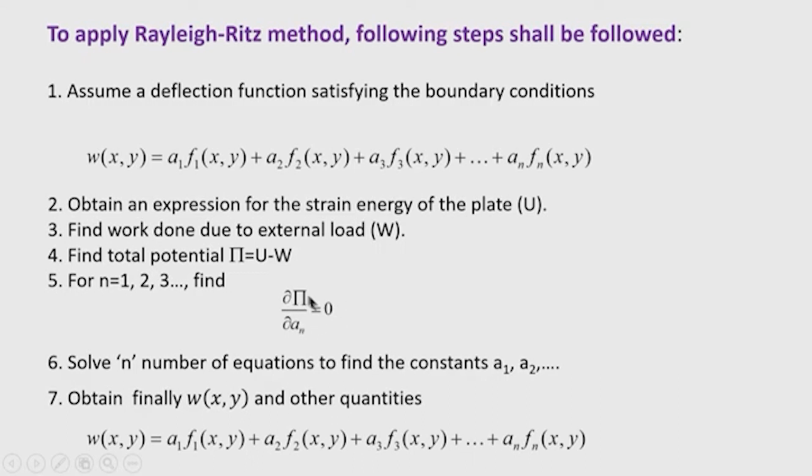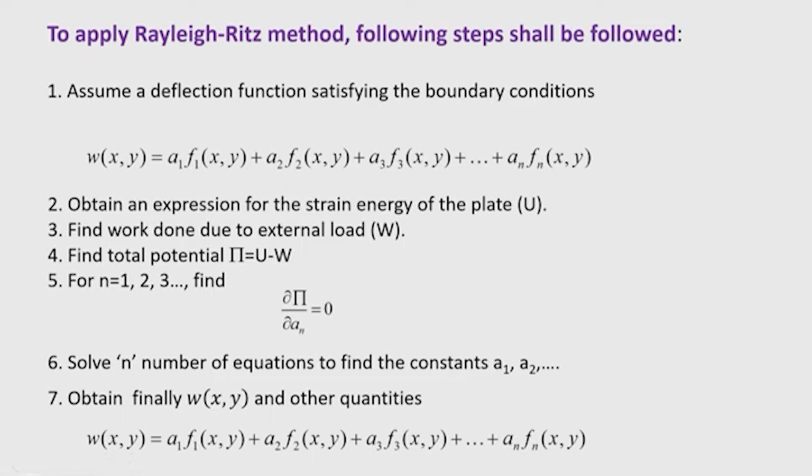Now, the beauty of this method is that since the energy expressions are all square terms, quadratic terms, when we differentiate with respect to say a 1, a 2, which appear as square quantities in the total potential, then after differentiation it becomes linear equations.